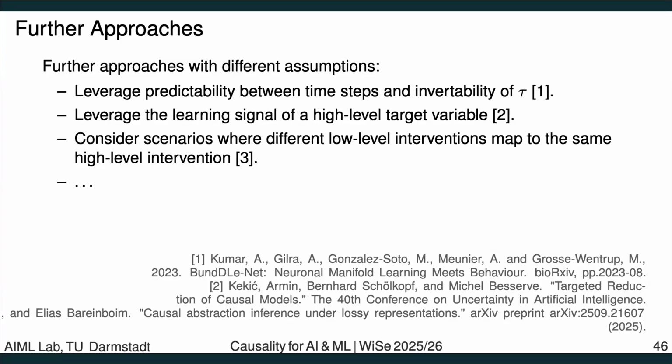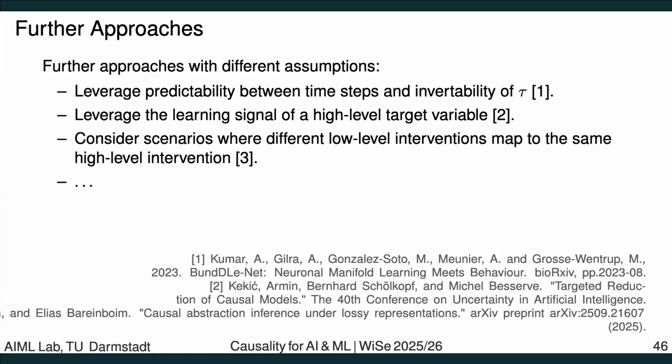And I need to be able to discover or predict that target variable from my high-level model. So it's no longer sufficient to only map to a constant function, but we need to preserve some sort of information there.